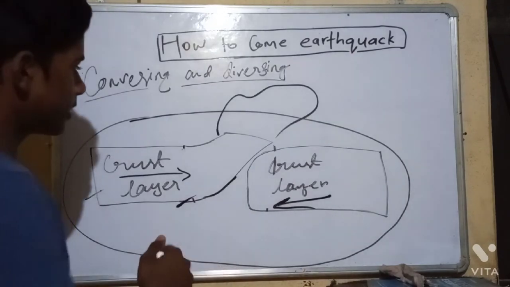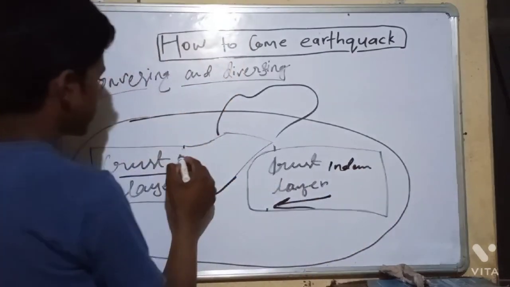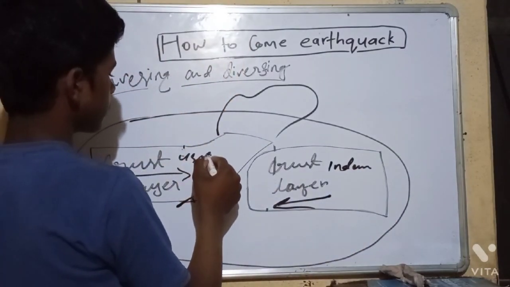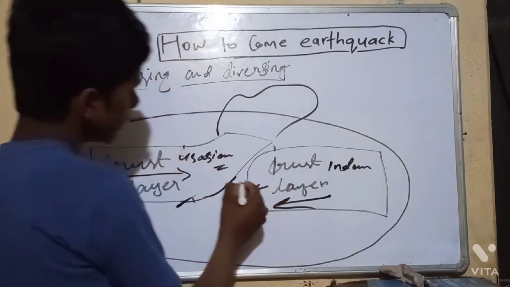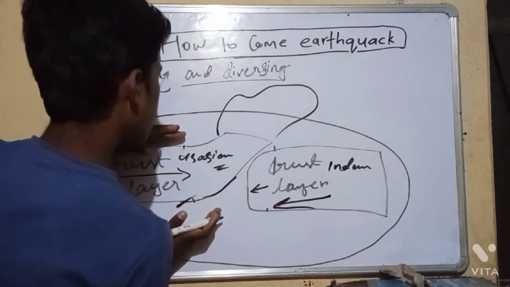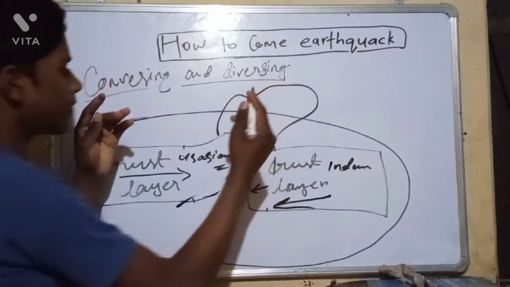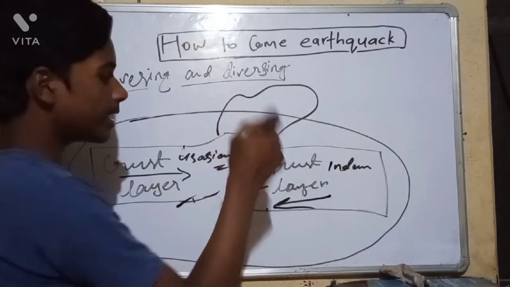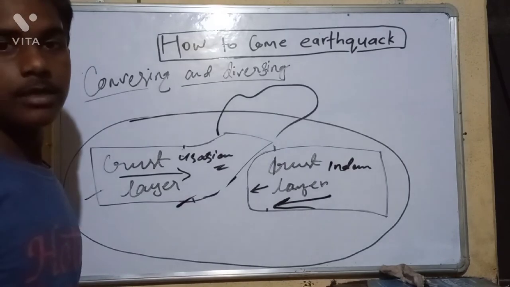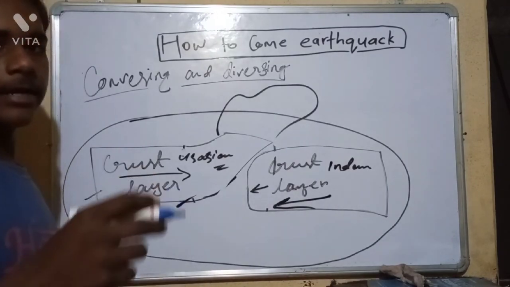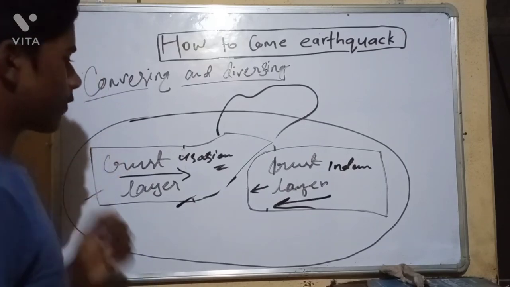The Indian plate pushes the Eurasian plate, and the Eurasian plate goes upside. Then Mount Everest moves upside 5 centimeters per year. It is converging.